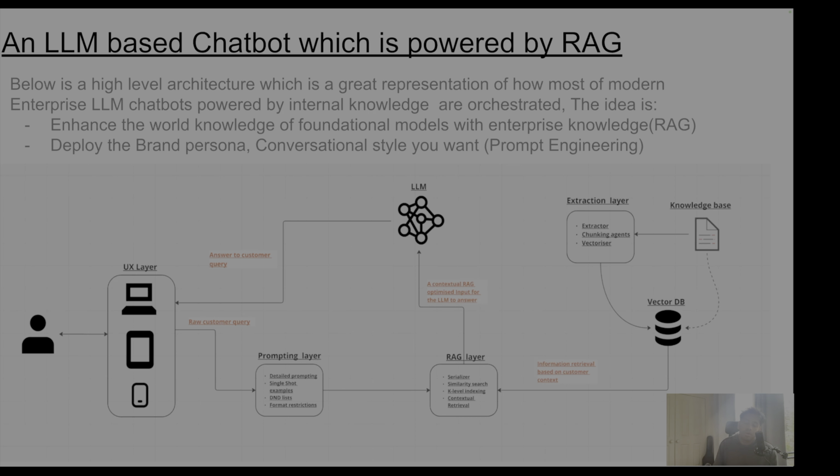This will become much clearer as we move forward, but think of it in simplistic terms in these three ways: a UX layer, a large language model supported by a prompting layer, and at the backend a RAG layer, retrieval augmented generation, which allows the large language model to get the required knowledge that it needs at any moment in a conversation, to make sure that it is feeding the right information to the end user.